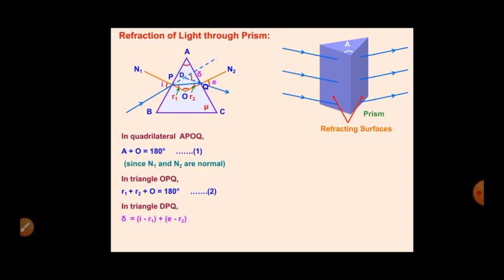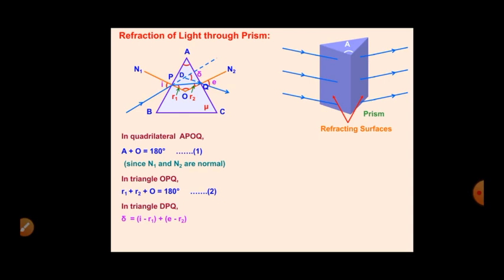Now in triangle DPQ, angle delta is the exterior angle of the triangle DPQ. As we know from geometry, the exterior angle is the sum of the two opposite angles of the triangle. The two opposite angles are angle DPQ and angle DQP.